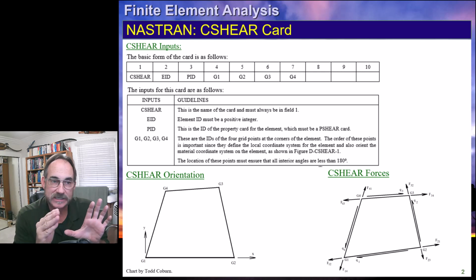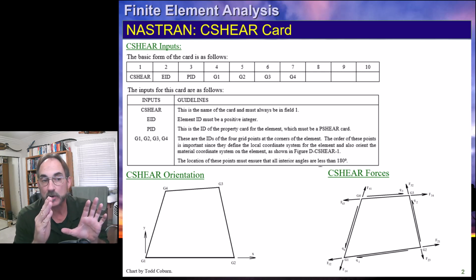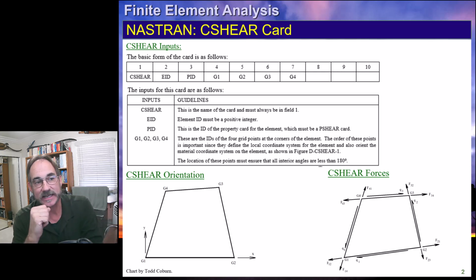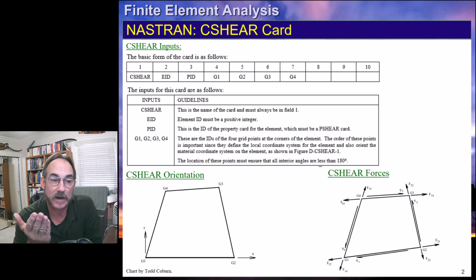You'll notice at each of the other corners, you're going to get corner forces defined by the grid point number. The first index is the grid point that the force is at, and the second index is the grid point from which it's acting, and they're going to be aligned along that directed line segment.